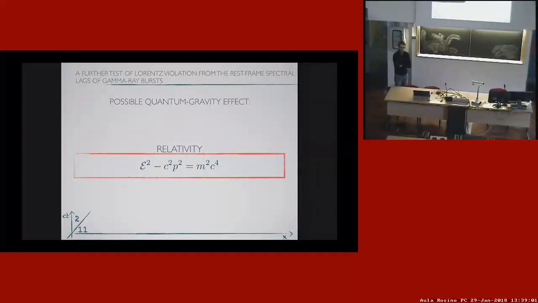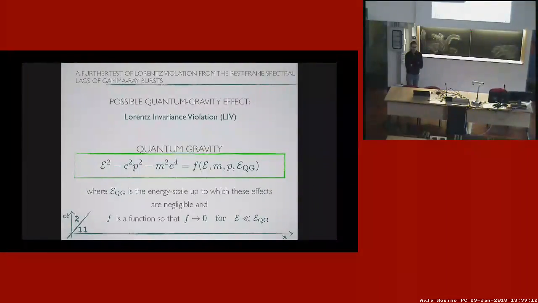This is the energy momentum conservation, as you can see, but at this point, if we try to violate this relation, we can suppose that the right-hand side is not really 0, but equals a function that is supposed to be negligible for energies lower than some energy scale that here I have called E_QG, the quantum gravity energy scale, up to which that function f should be anyhow sensible.